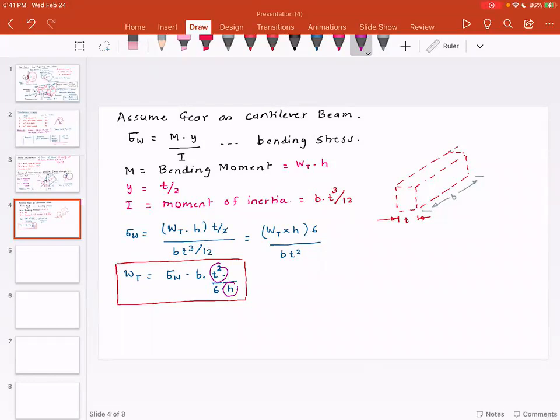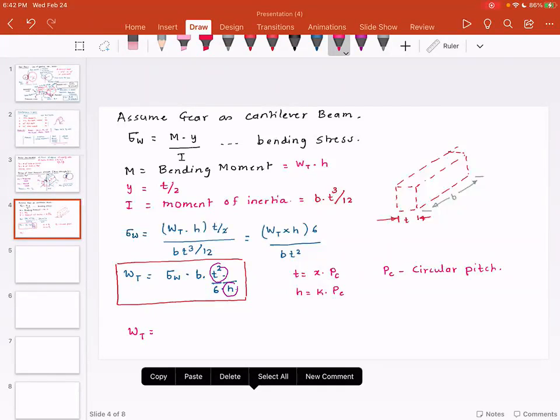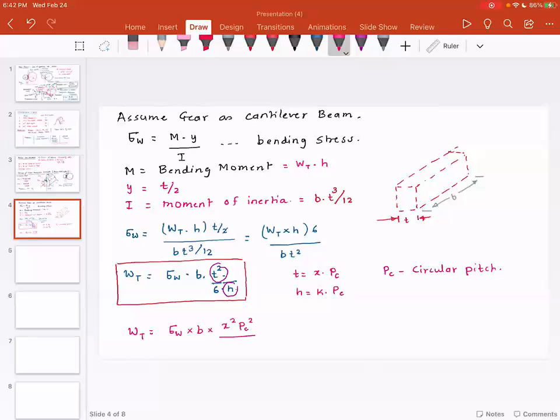If you make certain assumptions, and this is an assumption, say T is equal to X times PC, which is the circular pitch, and H is equal to another factor K times PC, where PC is the circular pitch, then this equation can be simplified all the way to Wt, the tangential load, equal to sigma W times B multiplied by X squared PC squared divided by 6K PC.